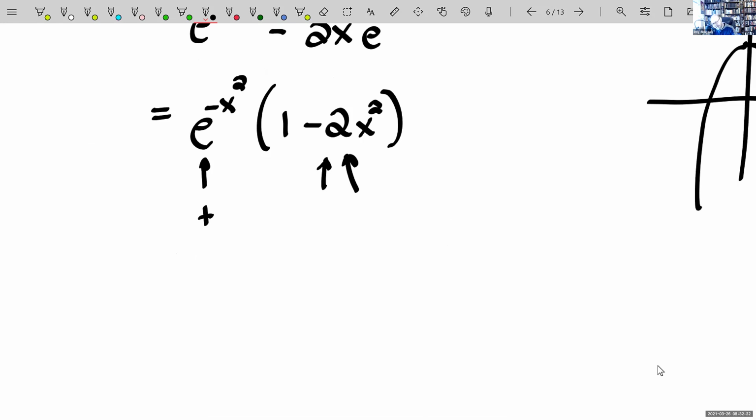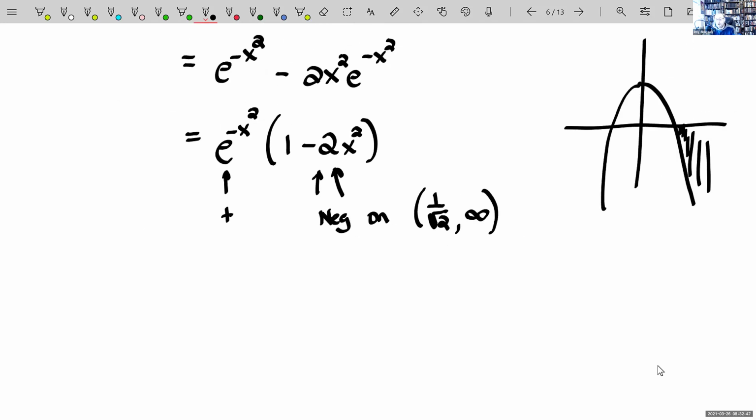So I'm going to say negative on 1 over root 2 to infinity. So again, I'm not really concerned about, oh, wait, initially that number is positive. I don't care about initial. What I care about is eventual. Eventually, that is going to be negative.